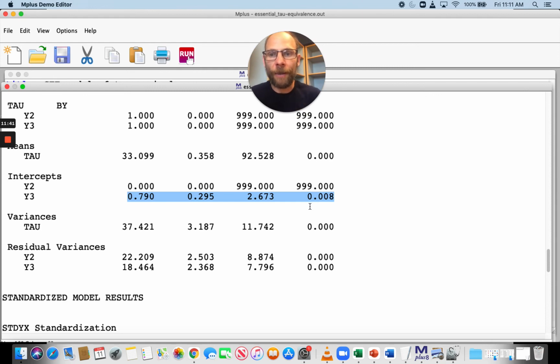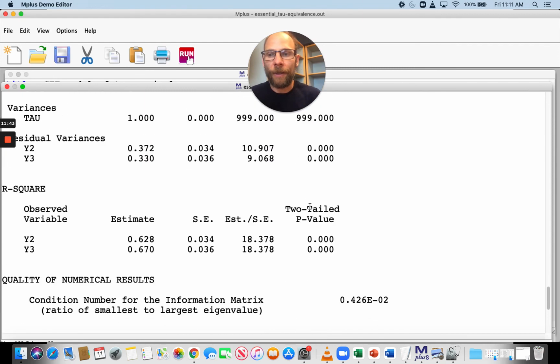You can still look at reliability by looking at R squared, and so those reliability estimates can be interpreted as before. It shows us that 62.8% of the variance in the first measure is true score variance, and 67% of the variance in the second measure is true score variance. So those measures are not super reliable. There's a lot of measurement error variance here in these measures.